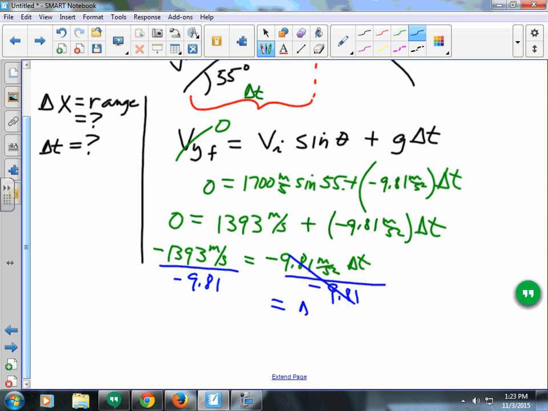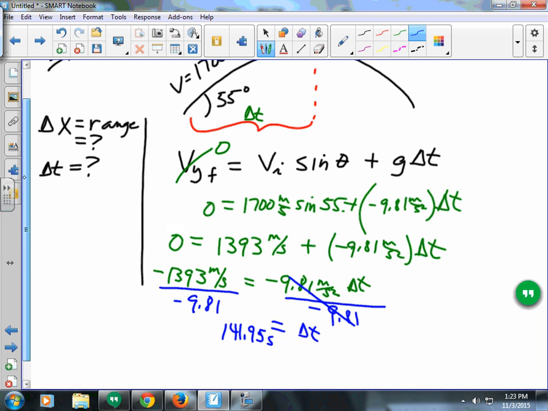And we get delta t, 141.95 seconds. But remember, that's only for half. So you double it.